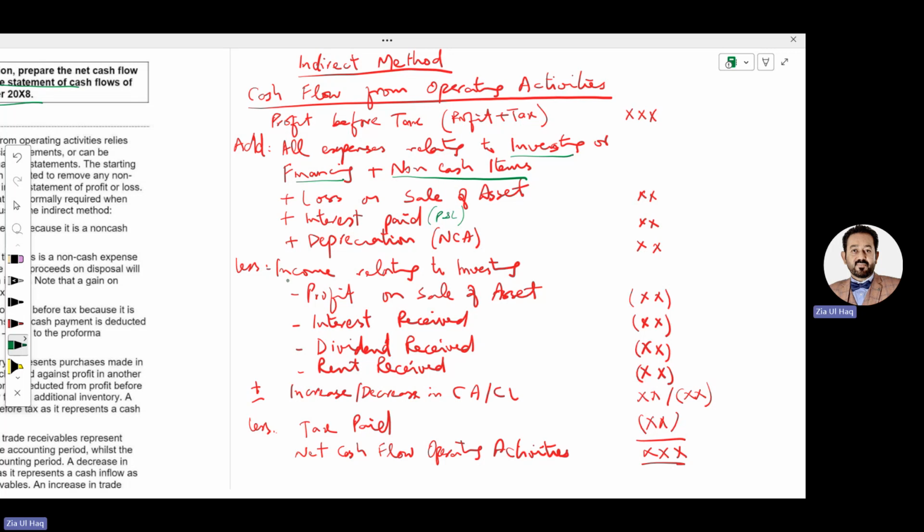And we will deduct income relating to investing and financing activities. Profit on sale of asset, loss we will add, profit we will deduct. Interest received, deduct. Dividend received, deduct. Rent received, deduct.